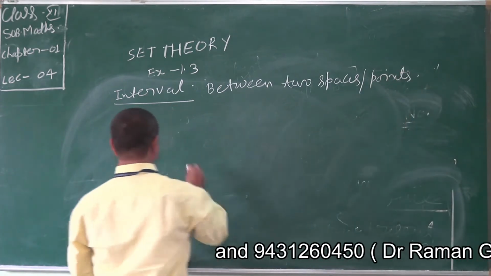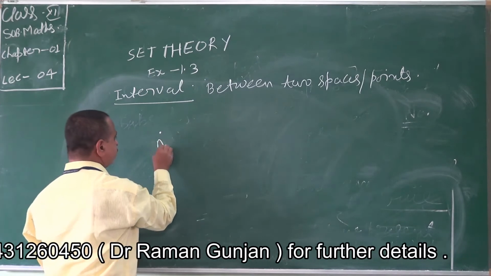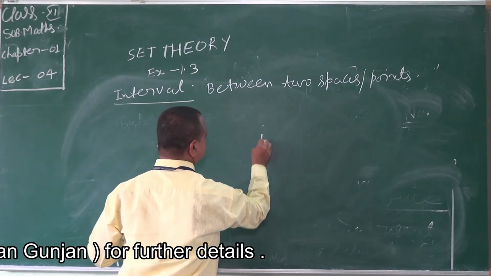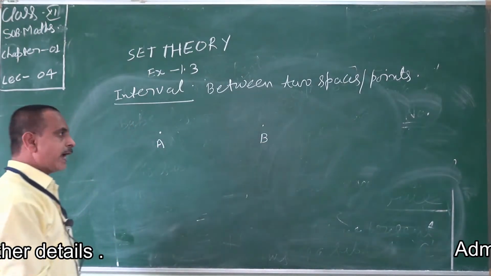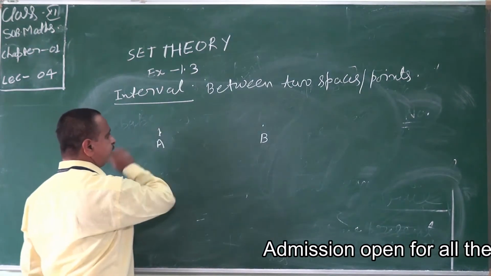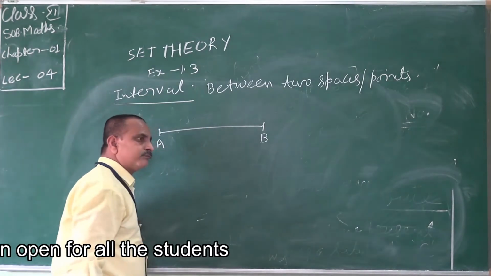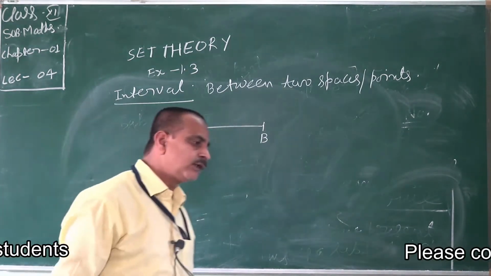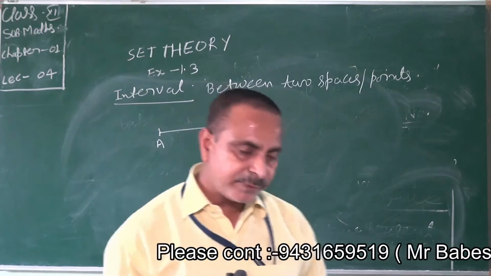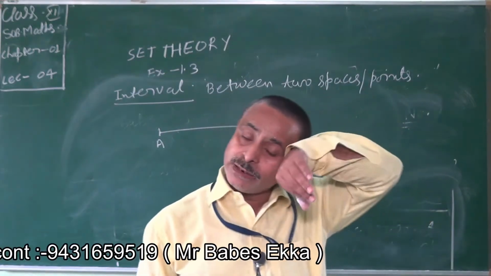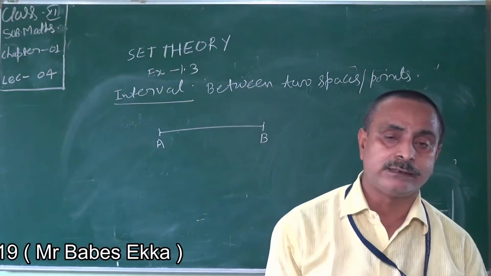Suppose this is our first point and this is our second point, and the distance between these points is called the interval. Interval can also be calculated by time period. In a movie we have an interval.